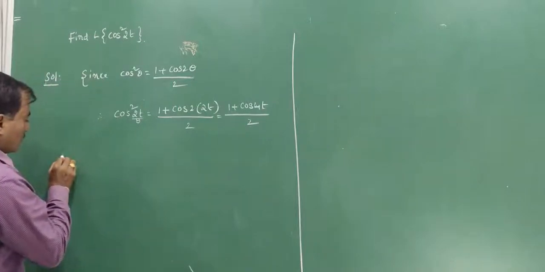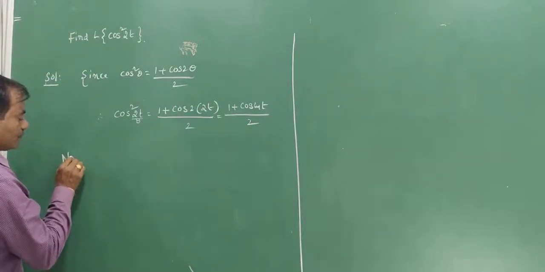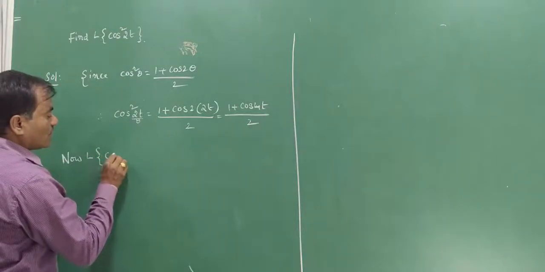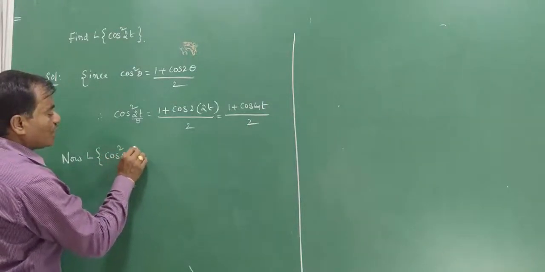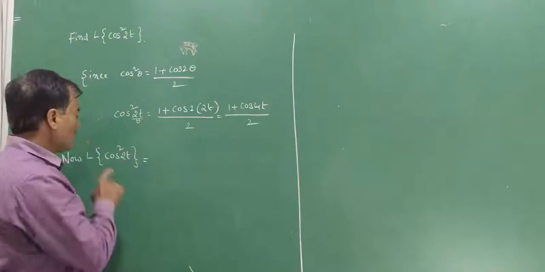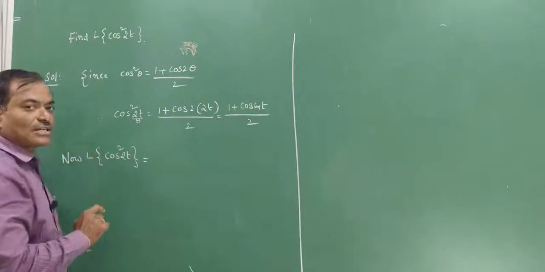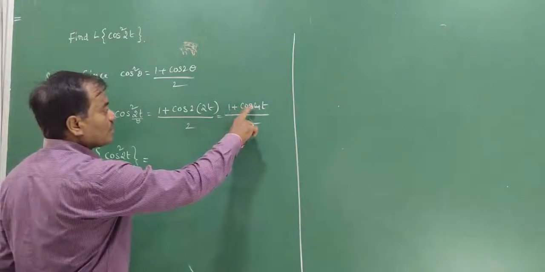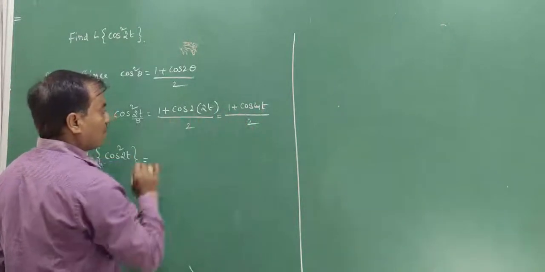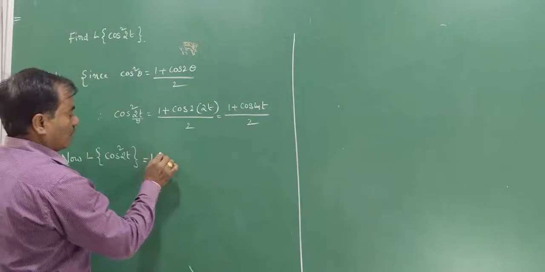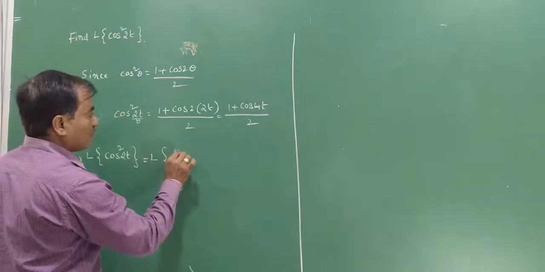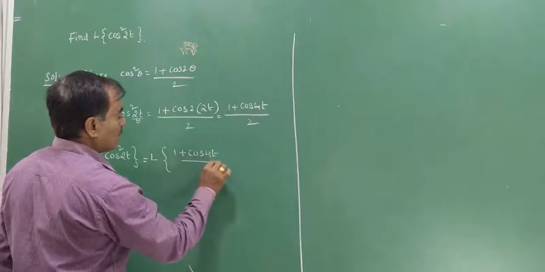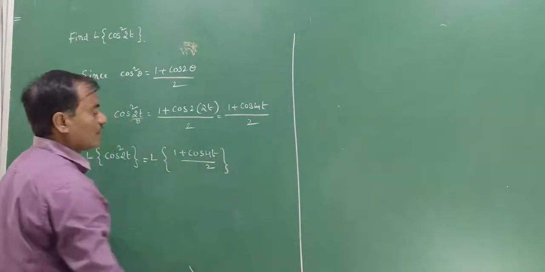Now we have to find the Laplace transform of cos square 2t. In this, cos square 2t is replaced by 1 plus cos 4t by 2. So the Laplace transform of 1 plus cos 4t by 2.